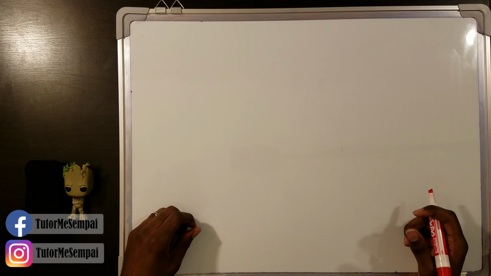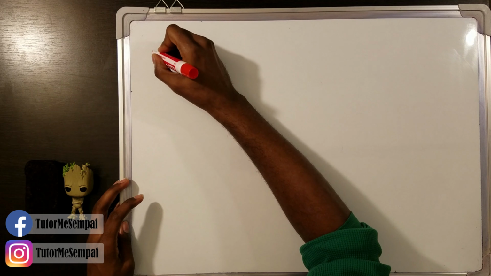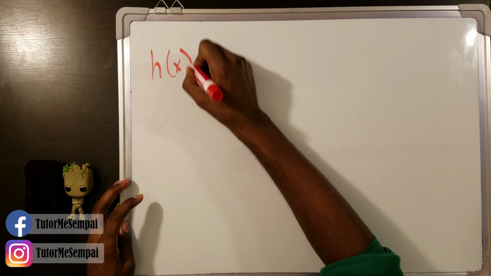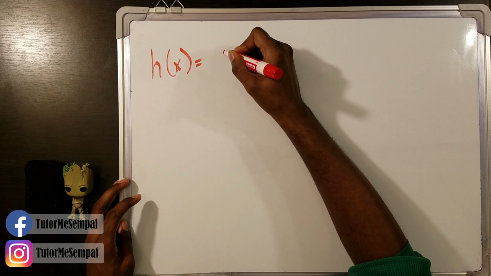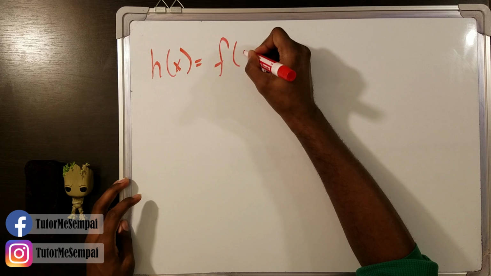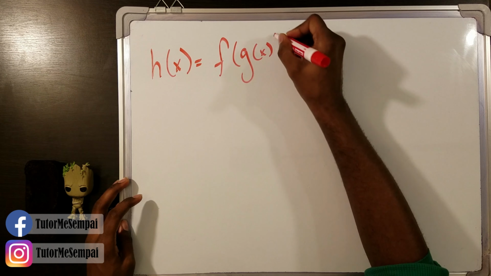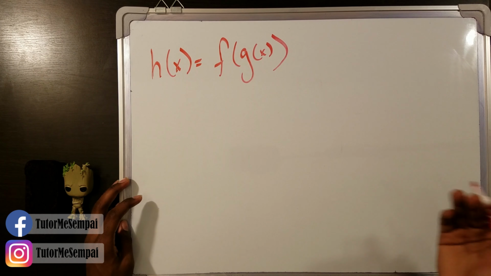Now that we've seen our visual, how does this look with formulas? Let's say we have h of x. H of x is our function. Well, this h of x is going to look like f of g of x. So our h of x is actually a composite function.